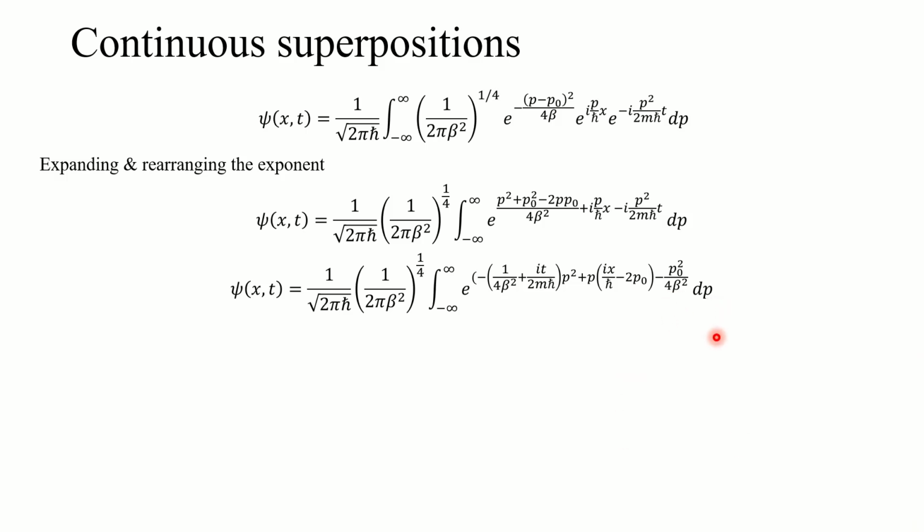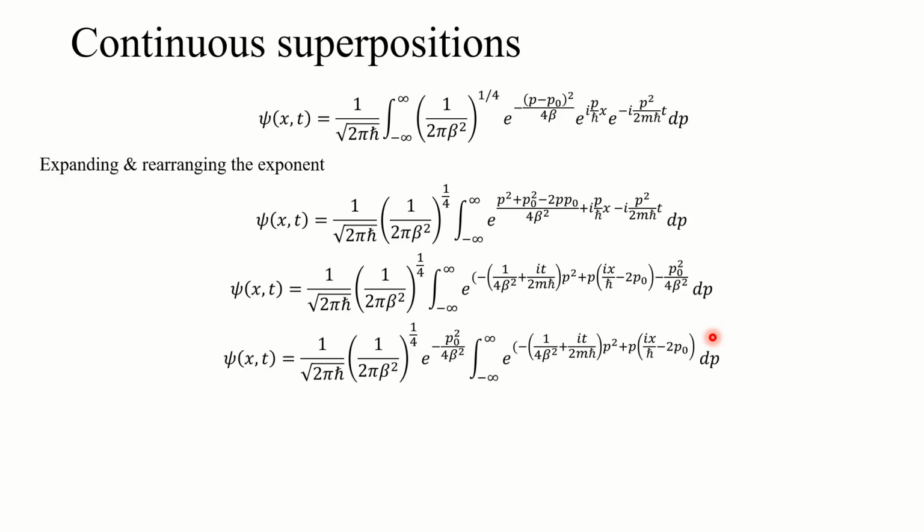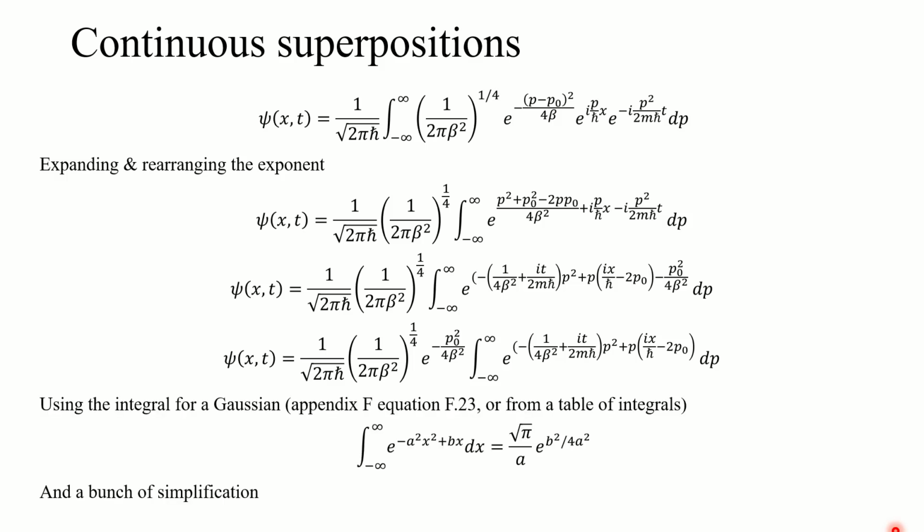This last term without a p, we can bring outside of our integral because it doesn't depend on what we're integrating over. And now we have our wave function as a function of time, and we have it in a convenient form because what we're integrating over is actually a Gaussian integral.